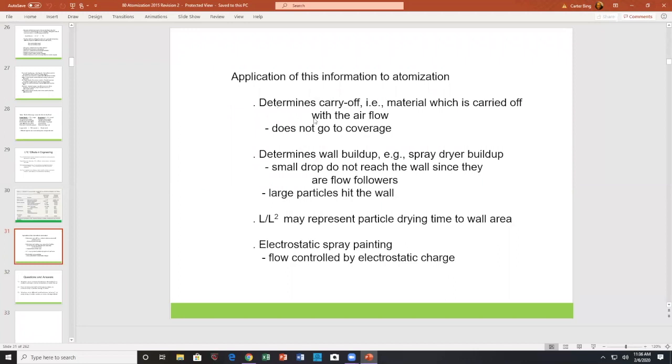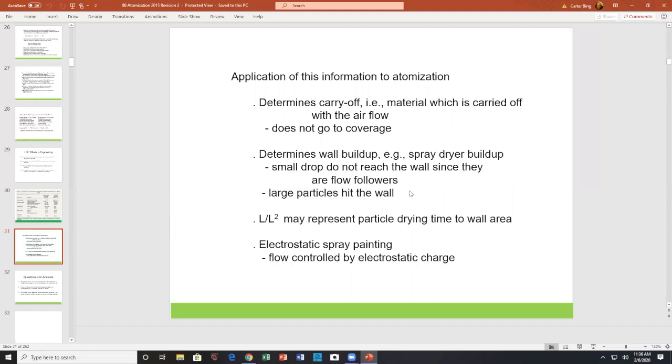Applications, again, we mentioned carry-off. Carry-off can be a significant loss. You don't want to have too much carry-off, and in some situations you don't want any. Basically, the drop doesn't reach the wall. Since they're flow followers, there's a turn there with the flow, and the particle turns with the flow.